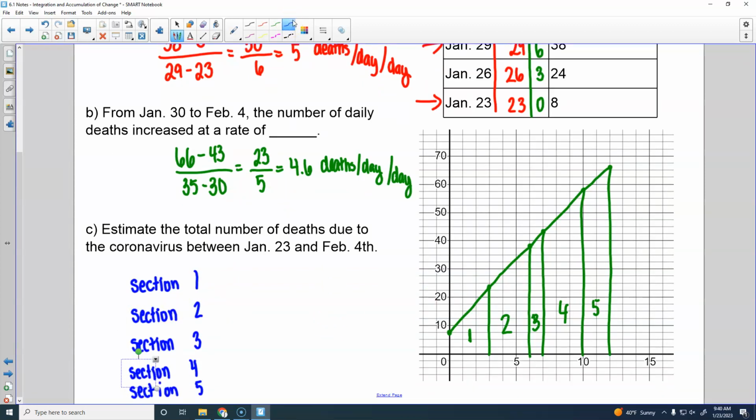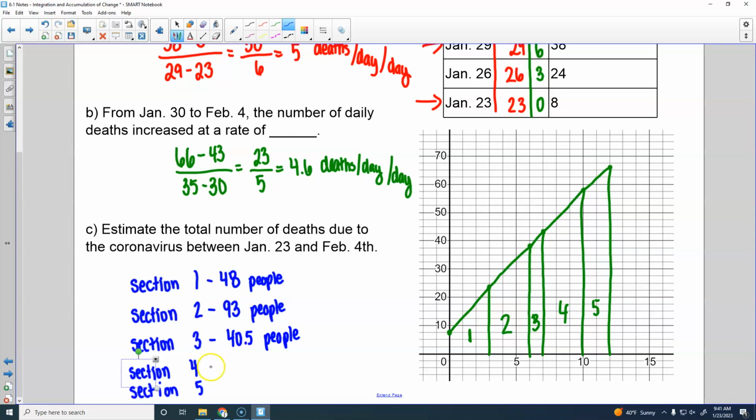All right, what did you guys get over here for section 1? Okay. Section 2. Okay. 40.5, which we know half is not possible, but mathematically we can do this for estimates, right?